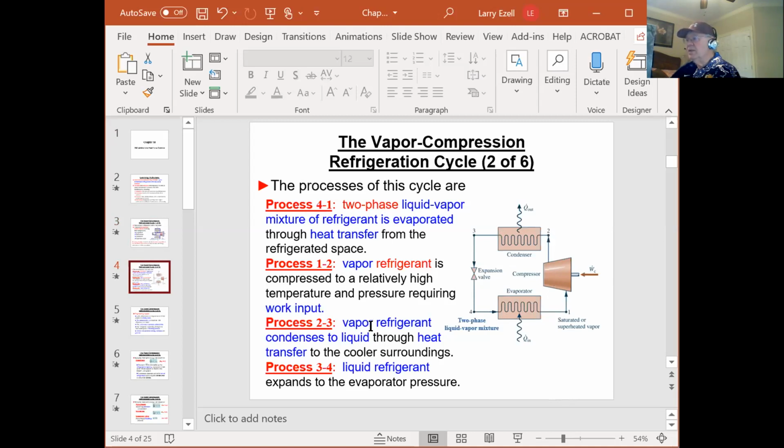Process 2 to 3, vapor refrigerant. It's a hot, high pressure vapor that goes through the condenser, and it comes out of the condenser as condensed liquid, a saturated liquid. The vapor refrigerant condenses to liquid through heat transfer to the cooler surroundings.